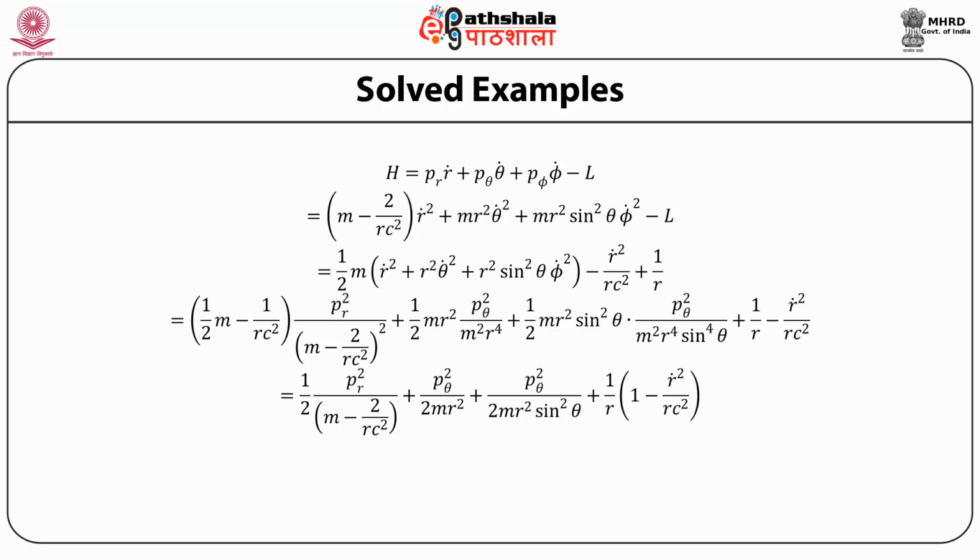The Hamiltonian in terms of conjugate momenta then becomes half p_r squared divided by m minus 2 by r_c squared plus p_theta squared by 2m r squared plus p_phi squared by 2m r squared sin squared theta plus 1 upon r (1 minus r dot squared by r_c squared).